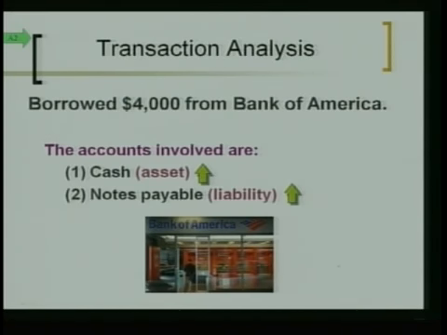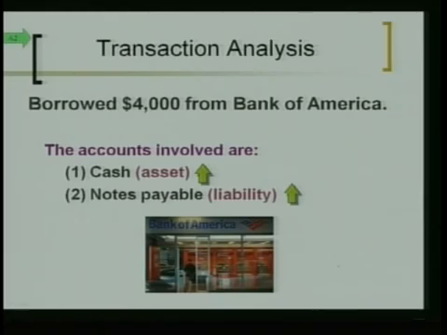This would be notes payable. Now, what's the difference between notes payable and accounts payable? Notes payable are more formal. They're written down on a note, and there's usually interest involved. Accounts payable is just like when you buy some office supplies and you say, hey, I'll pay you at the end of the month. And they say, okay, you've shopped here for 15 years. We know you're good for it.